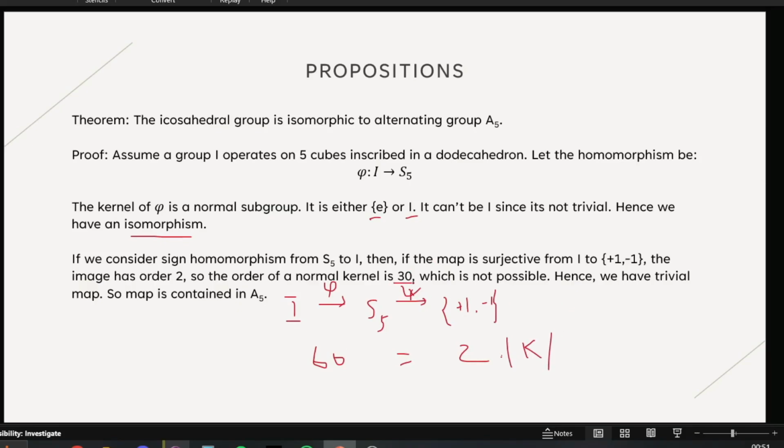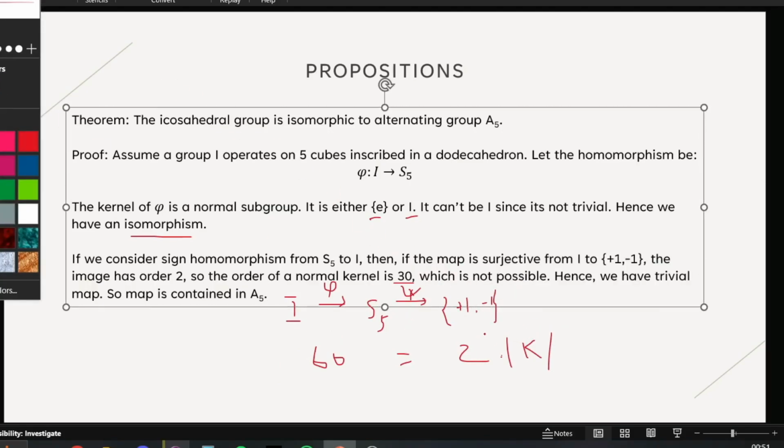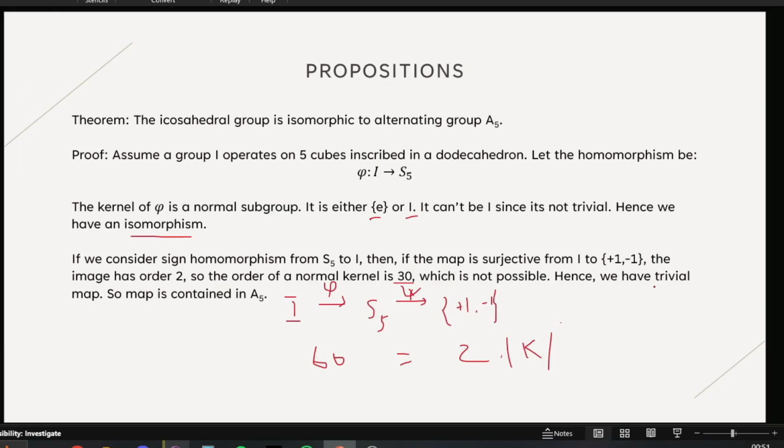This is not possible, because we saw that if the order is 30, then the icosahedral group I is no longer a simple group, but I is a simple group. So the order is not 30. Here we only have the trivial image, so the minus one is not there.